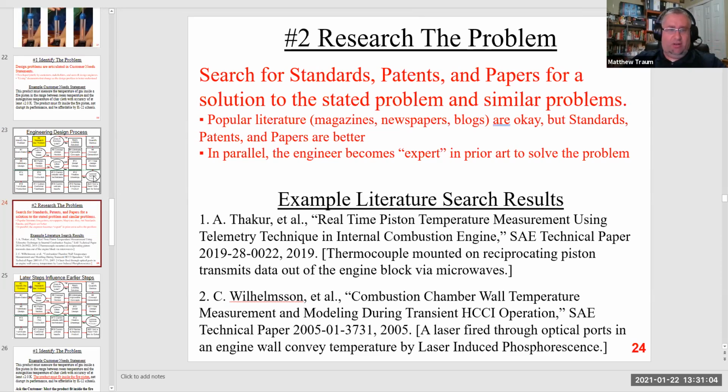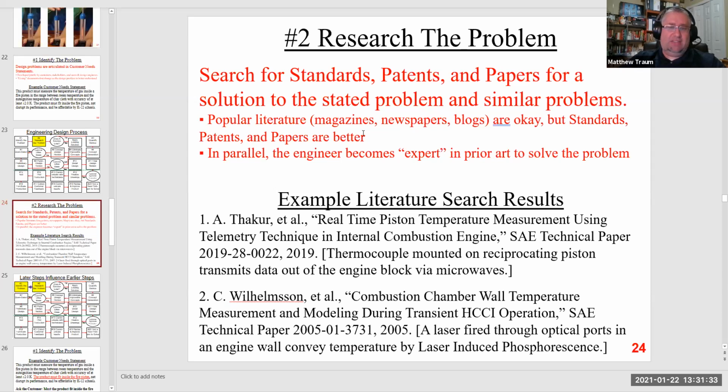So yes, you're looking for a solution to the problem, but you're also educating yourself about how that system, or how that problem, is solved in other contexts. And so what we're really looking for, at least initially, are standards, patents, and papers that describe a solution to the problem or similar problems. In a lot of cases, those documents don't exist because we're trying to produce something new that's never been created before.